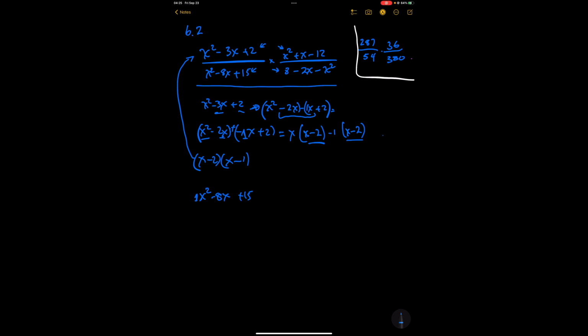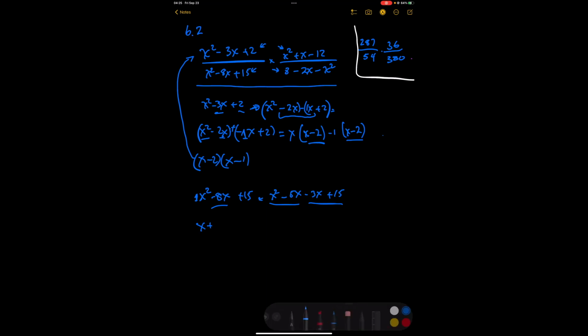But what we're going to do is expand this 8. So I get x squared minus 5x minus 3x plus 15. And so I'm going to put those two together and these two together. So I get x squared minus 5x.